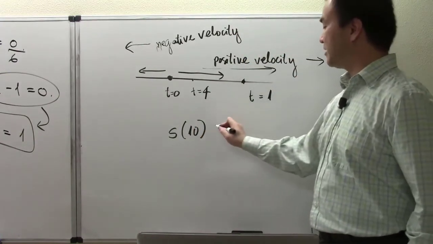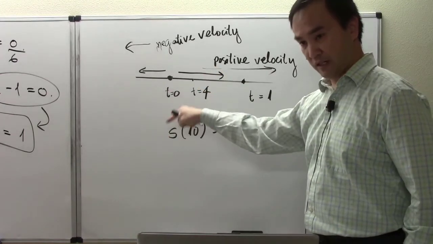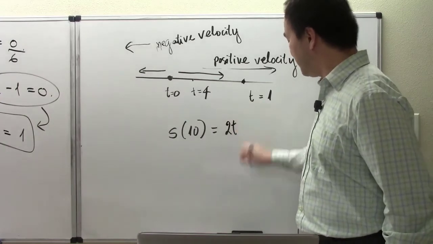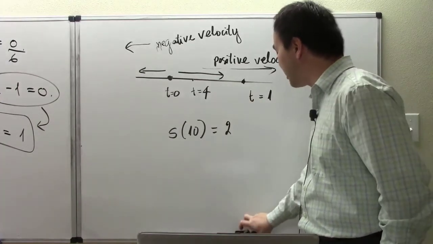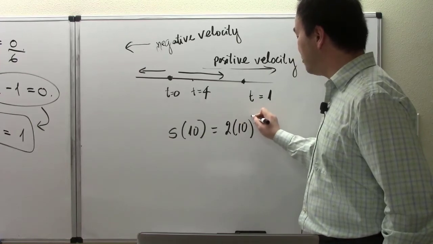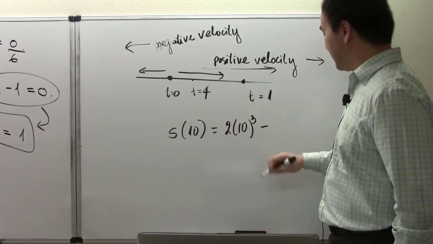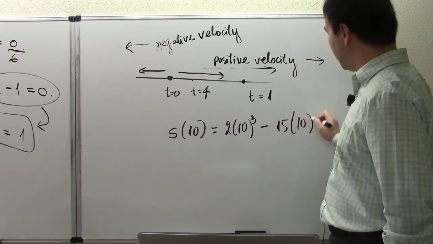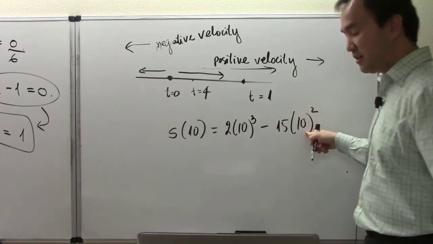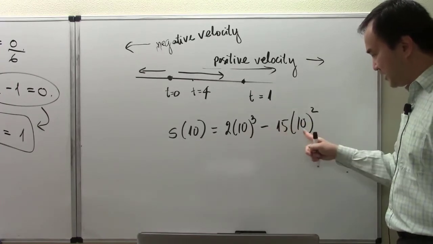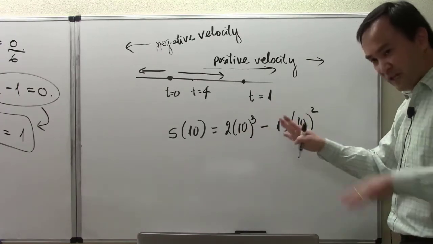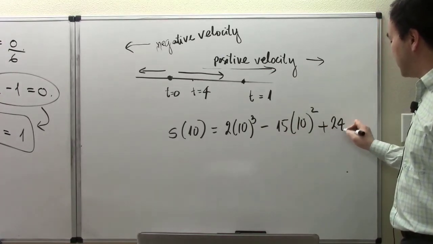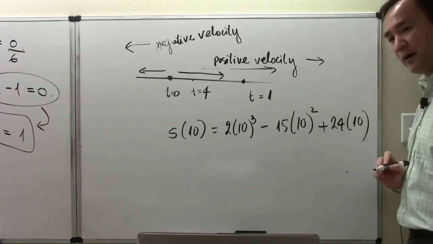So I am going to use the original function, 2t cubed, but now I shouldn't write t cubed anymore. That should be 10 cubed, minus 15 times t squared, now substituted by 10 squared. You can see that I use parentheses intensively to keep my substitution proper. Plus 24 times 10, and it was a positive time.